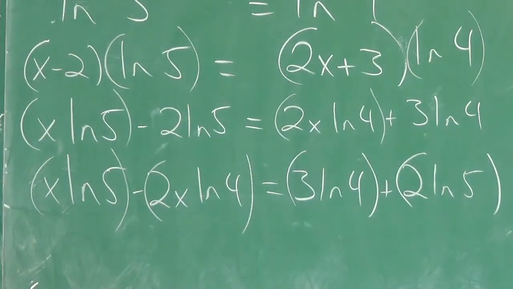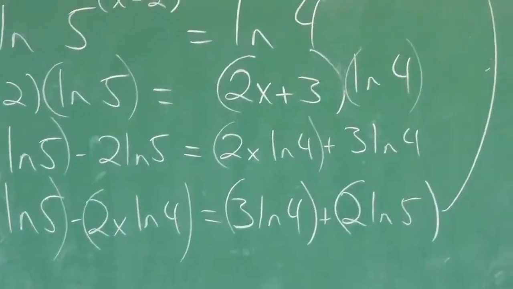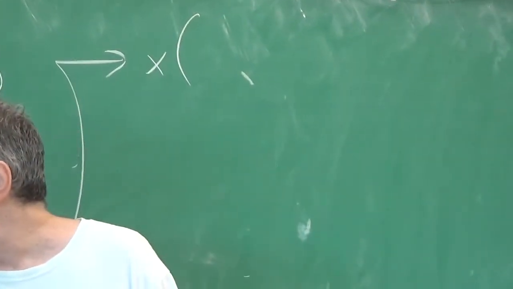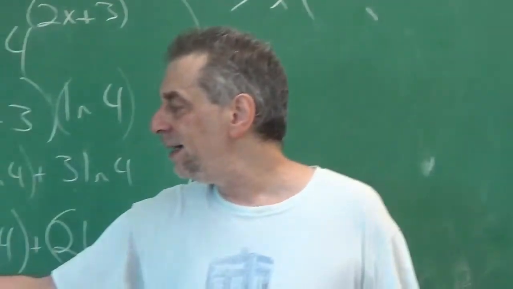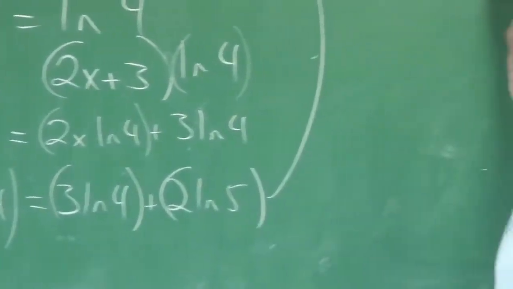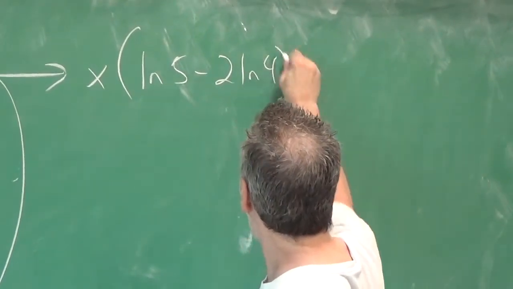So now we have everything with an x in it on one side of the equation, so I can factor the x out of those terms. I take an x out of this term, I'm left with ln 5. I take an x out of this term, I'm left with 2 ln 4. So I get ln 5 minus 2 ln 4.